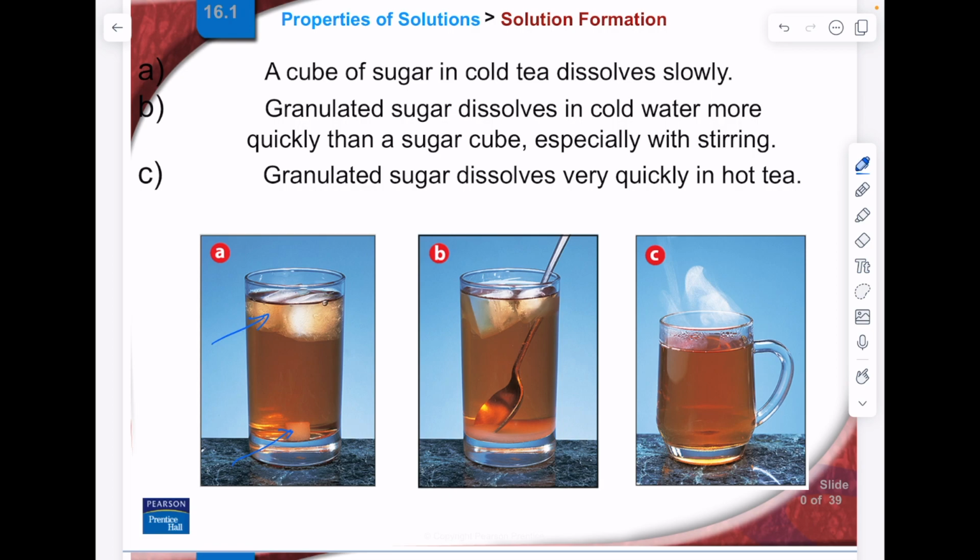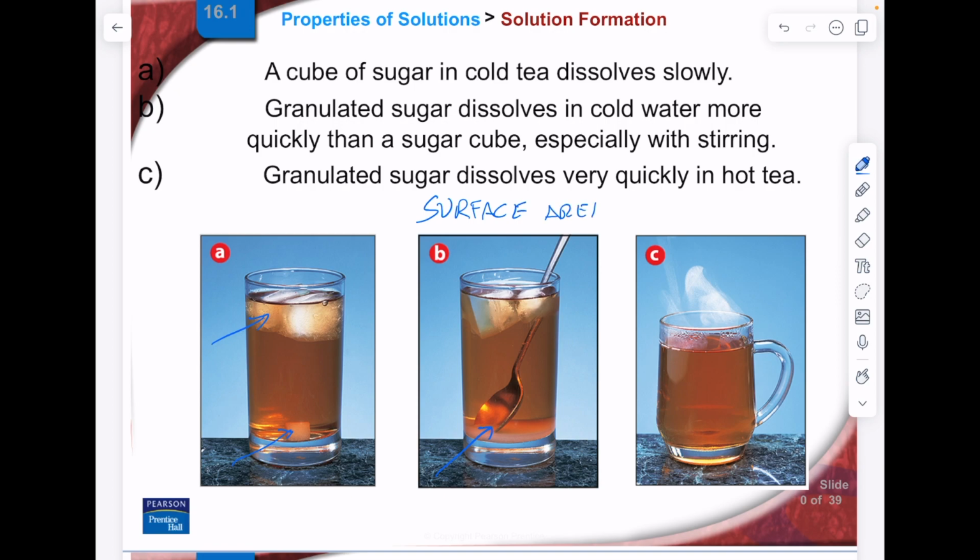However, if you were to grind that up or pulverize it, or if you were just to use granulated sugar that comes that way in the first place, now when you stir it up, it's going to dissolve much more rapidly because there's way more surface area in the granulated sugar than there is in the sugar cube. So surface area is going to be a big deal.